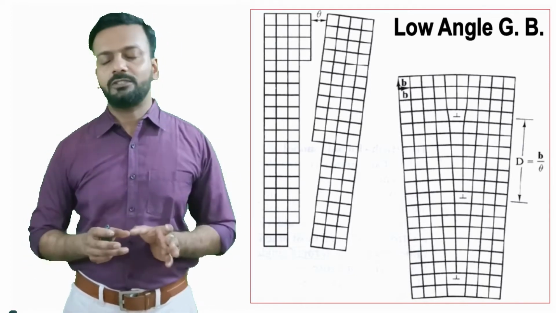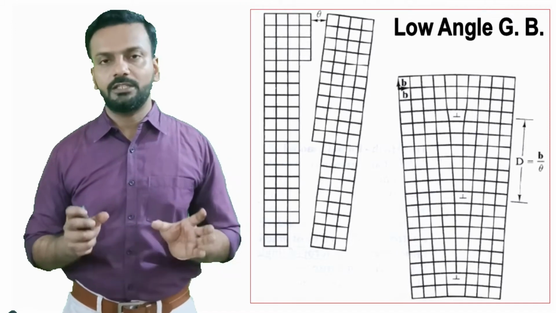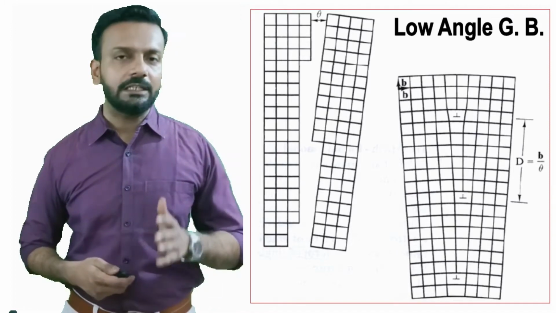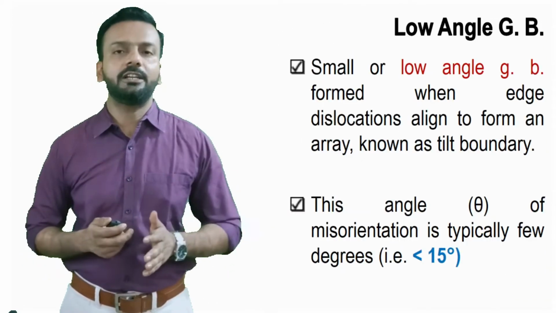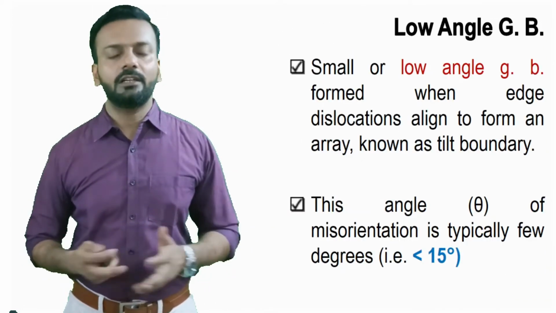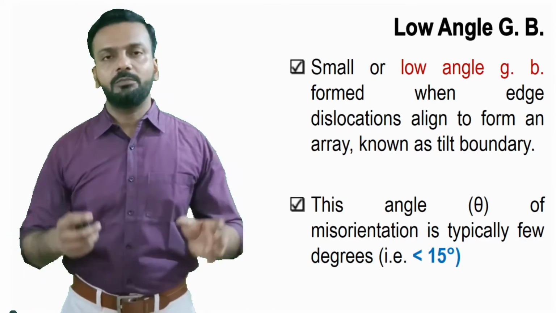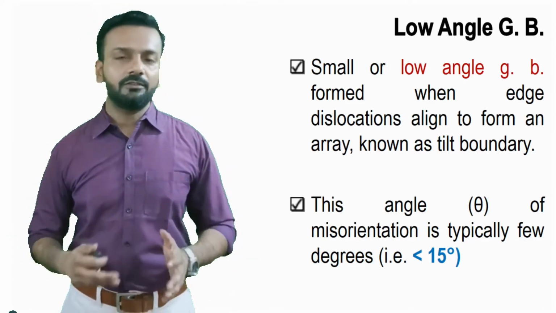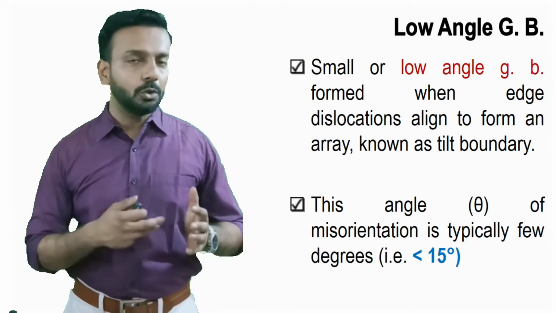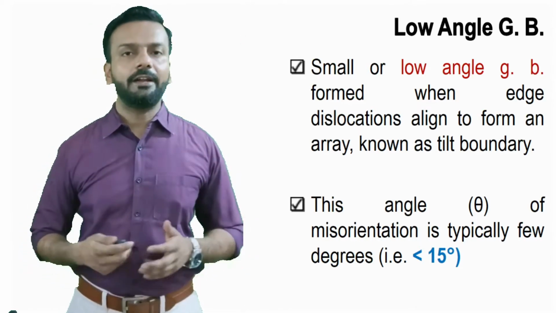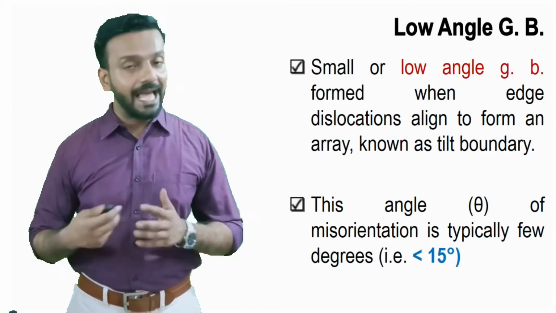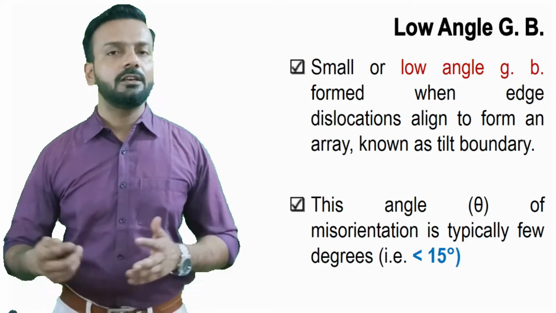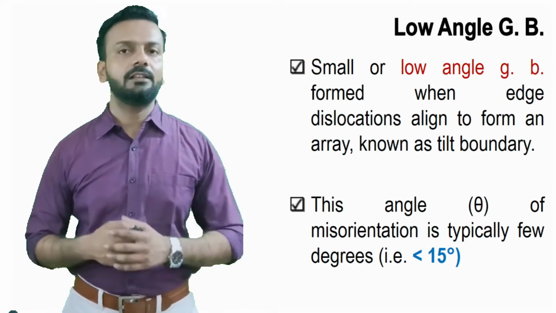In this image again we can see two grains with a mismatch. The orientation of the grains is different, and because of that we form a low angle grain boundary. How can we differentiate between a high angle and a low angle grain boundary? Generally when the misorientation angle is less than 15 degrees, we call it a low angle grain boundary, and when the angle of misalignment is more than 15 degrees, we call it a high angle grain boundary.